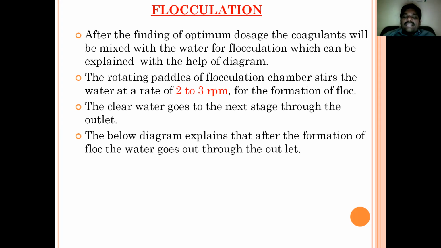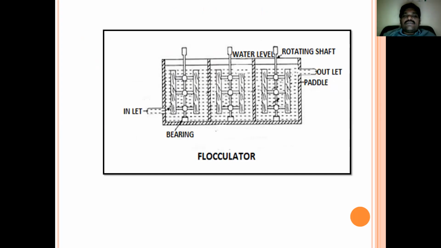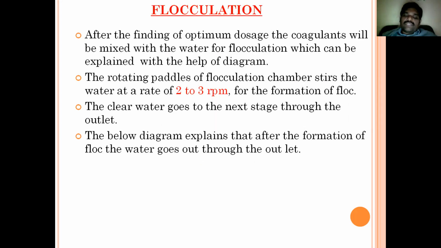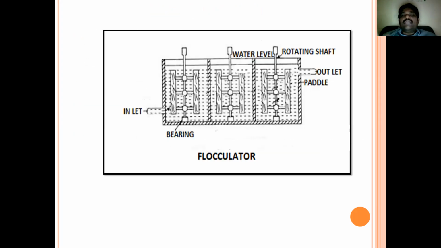After adding coagulant, water enters through the inlet into the flocculator, where the rotating shafts are fixed to a bearing. See here, as the stirrer stirs the water at a rate of 2 to 3 rotations per minute, all the fine colloidal particles come and settle on the top of the water here.